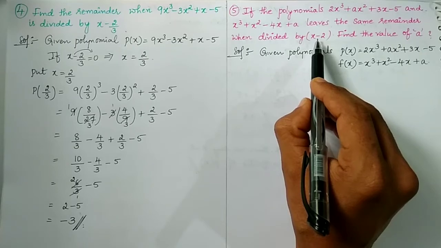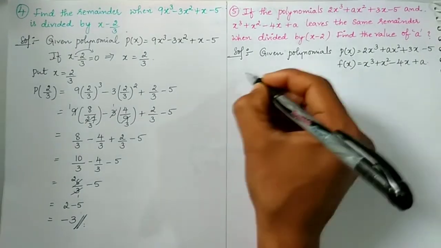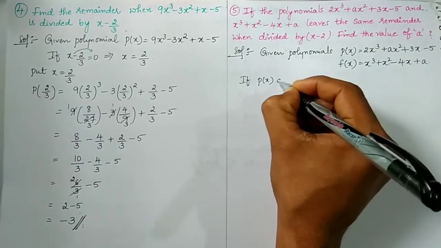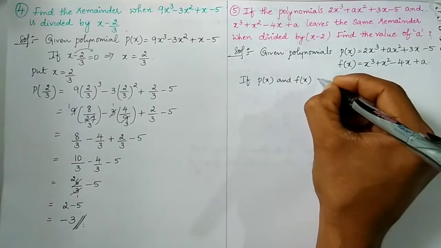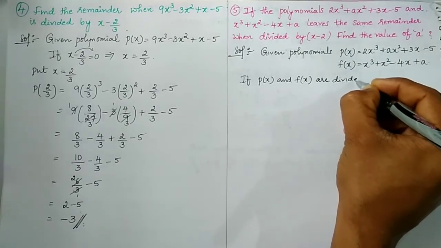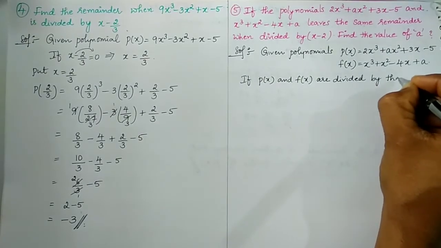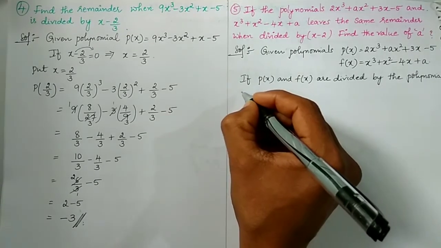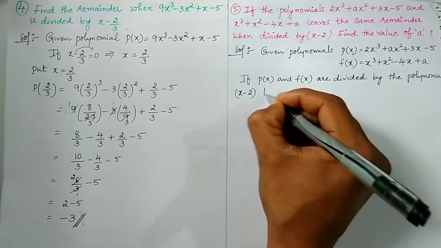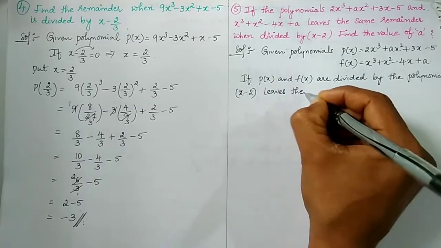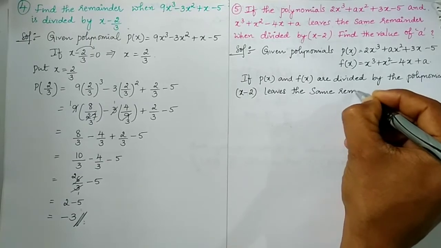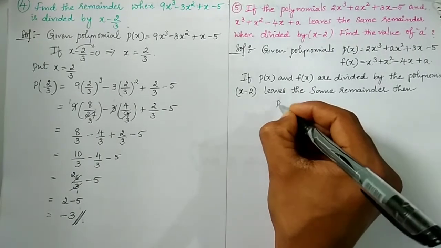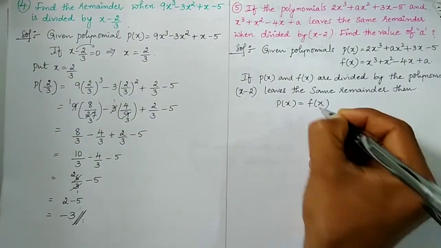If I divide with x minus 2 and they leave the same remainder, then I write this statement: if p of x and f of x are divided by the polynomial x minus 2 and leave the same remainder, then p of x is equal to f of x.